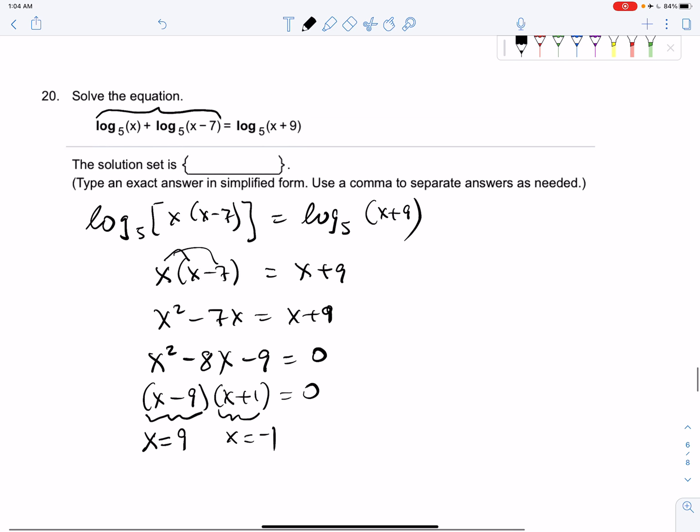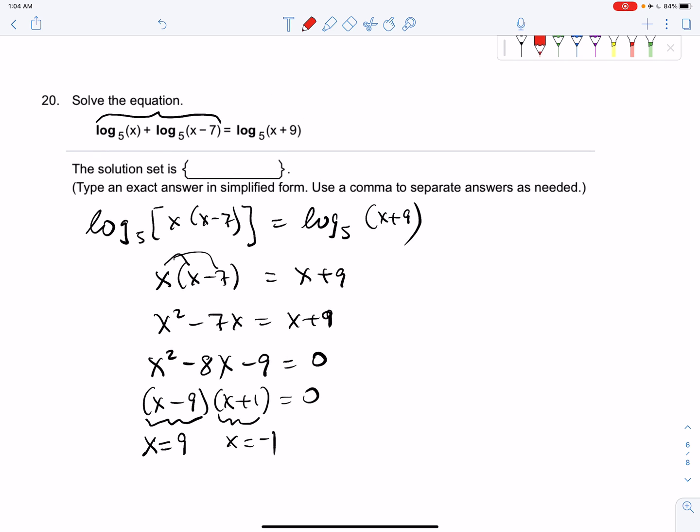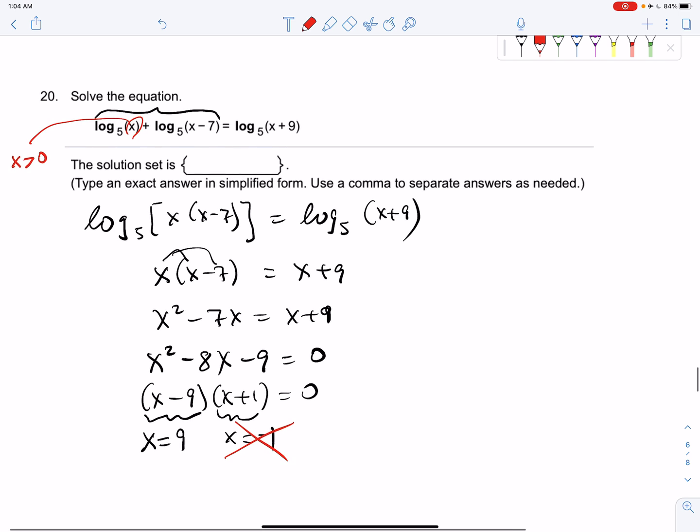We go back to the original problem, and right away from this very first argument, x must be greater than 0, so that is scratched off the list, rejected. We look at this argument, it must be greater than 0, so therefore x is greater than 7. We're still good there.